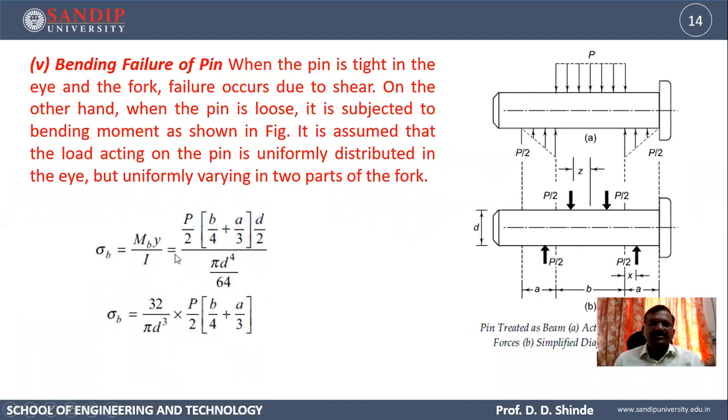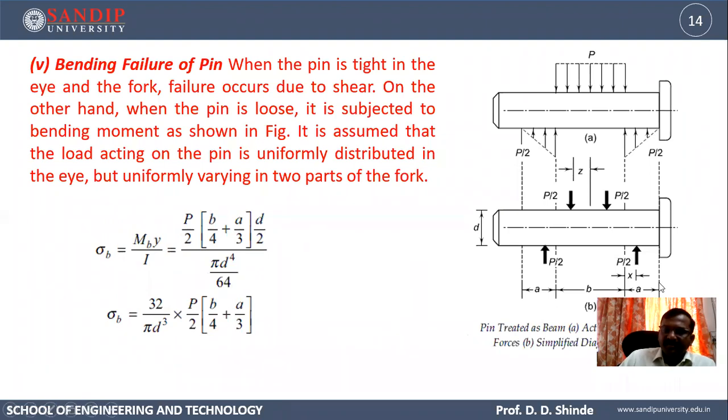You will draw the force distribution diagram, you will resolve it, you will show the free body diagram, and then finally you will use the equation sigma B equal to M by I times Y, where M is the bending moment, which you are taking from this diagram. Y is the distance of the extreme fiber from the neutral axis. So that will be from the center of the pin to the outer, that is d by 2. So this we have taken here. I for circular cross section is pi by 64 d raised to 4. So that will be taken.